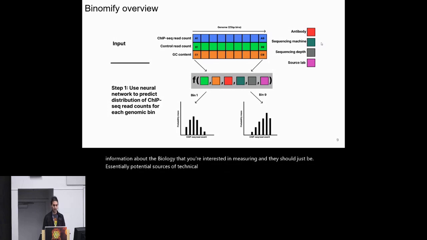So once you have decided on the set of covariates to use, you can go ahead and feed them into a simple, fully connected neural network, which was trained to predict the parameters of a negative binomial distribution. And so what this ends up producing is a position-specific distribution of expected read counts.